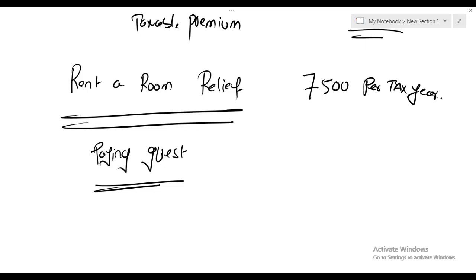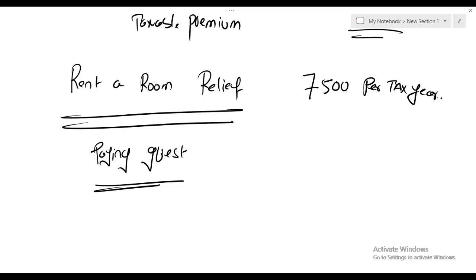From that rent, the individual can deduct rent-a-room relief of 7,500 or actual expenses. So now the question arises, which option should we select? The answer is very simple, the higher one. For example, your rent-a-room relief is 7,500 and your actual expenses in that room are only 4,000. So obviously I am going to opt for rent-a-room relief, which is 7,500.